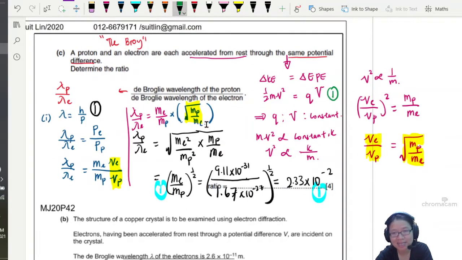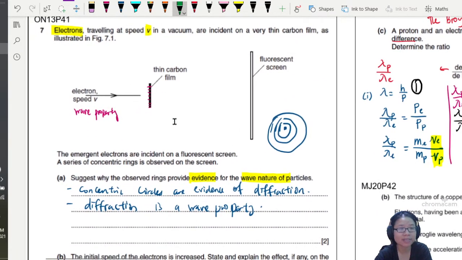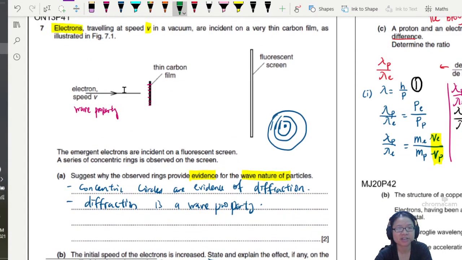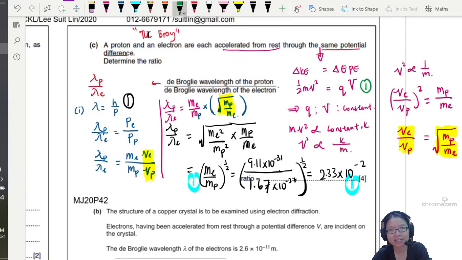This is a very classic de Broglie equation question. In the first part, they walk you through why this experiment is important. It shows the wave property and what happens if I change the accelerating potential. Then we know this electron has a wavelength, but the wavelength depends on momentum. So if I accelerate a proton and an electron from rest, what would be the ratio of their wavelength?